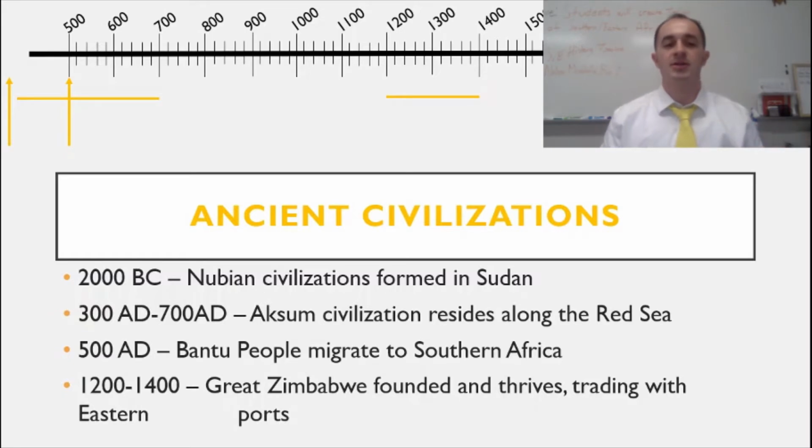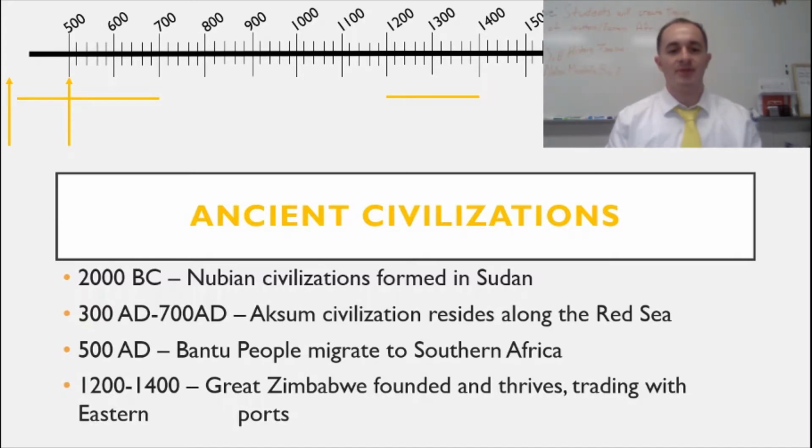Another way you can think of it is 2000 BC is sort of like a negative number. So negative 2000, you would go back to 0 and then 2000 more past 0. So it's going to be way, way, way on our left. It's going to be not even on our timeline, just to the left. It's going to be the first thing that we have because it's going to be before anything else.